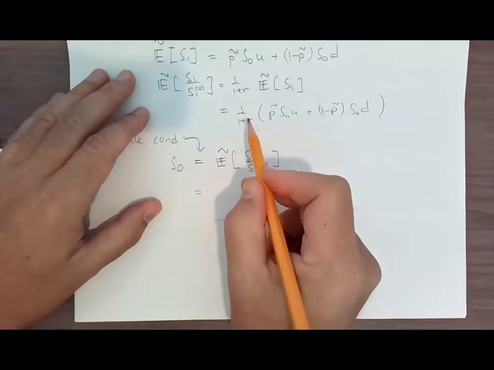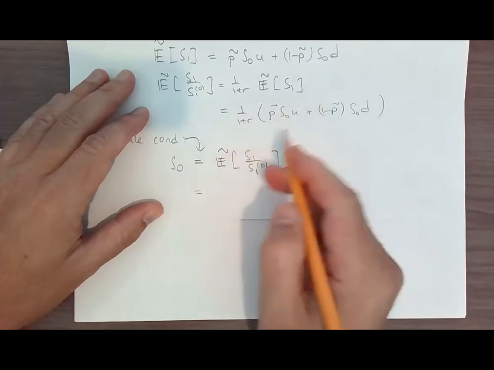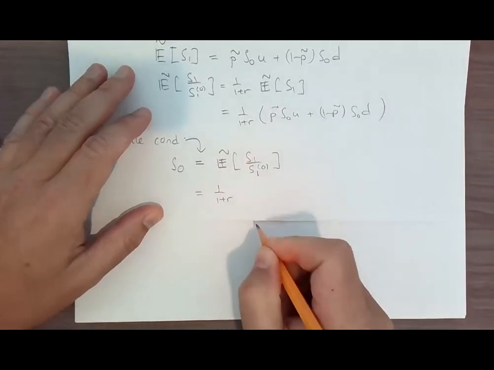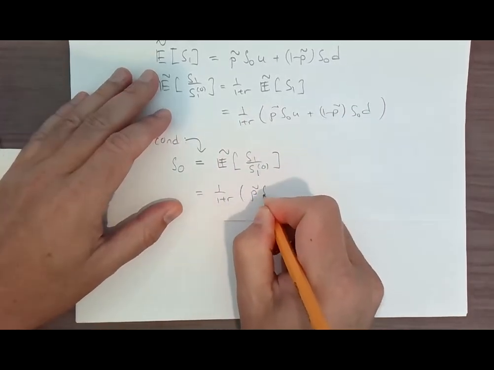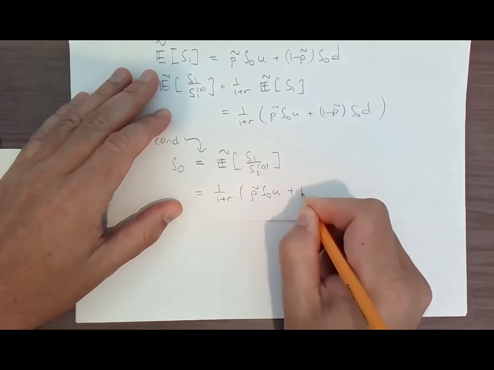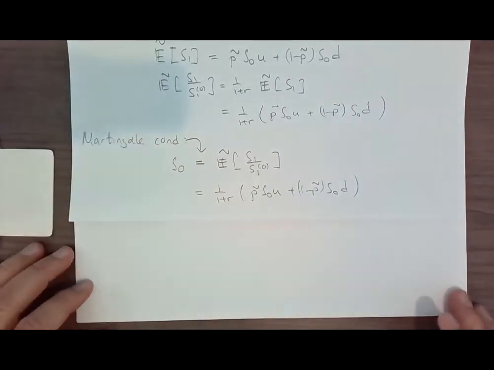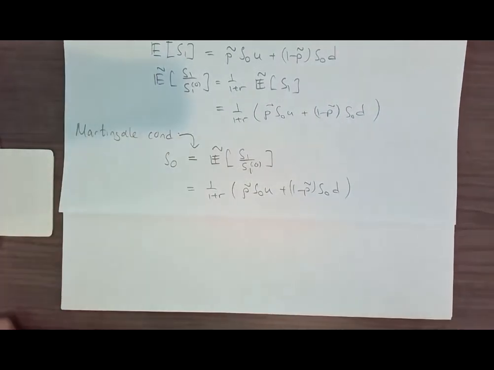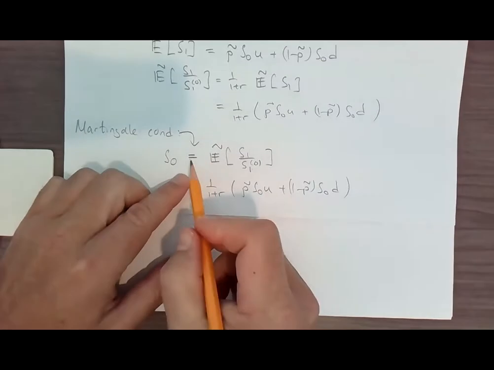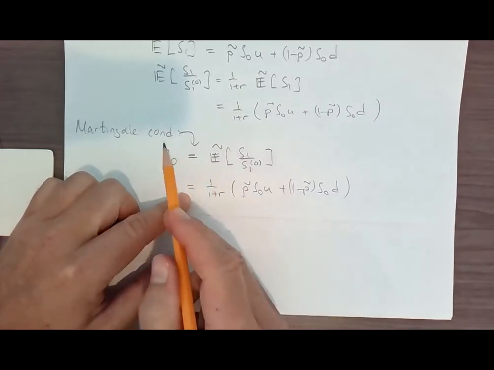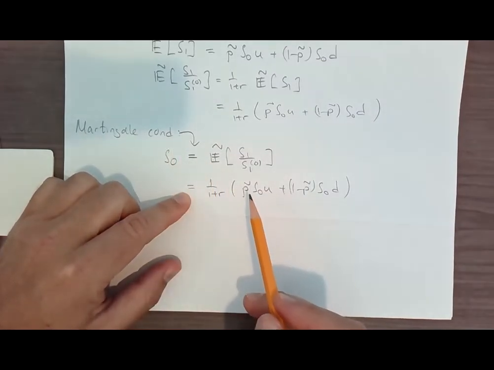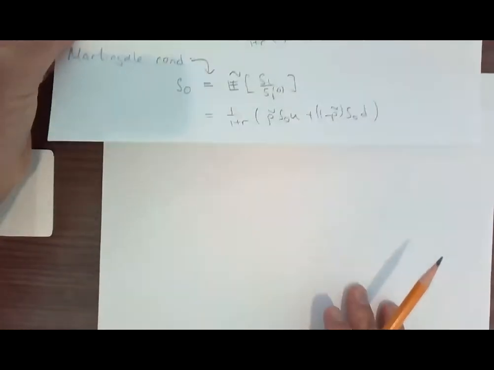And so we plug in what that formula was. It was this thing here. It was 1 over 1 plus r times p tilde S0 u plus 1 minus p tilde S0 d. So this is the martingale requirement. And now what we have here is I want to solve for p tilde and see what we get.